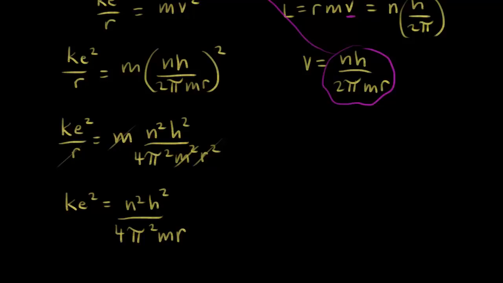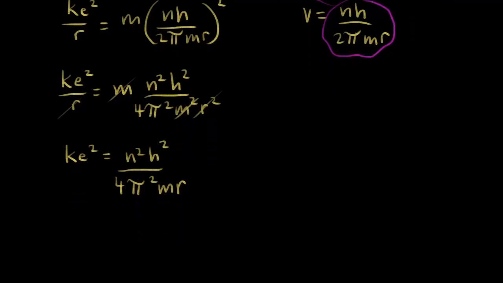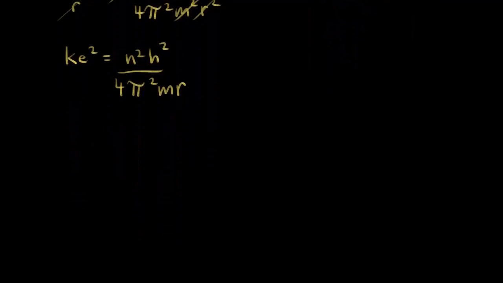The goal of all this is to solve for the radius of that circle. To solve for r, we could start by multiplying both sides by 4 pi squared m r. So we would get k e squared 4 pi squared m r on the left side. On the right side, we would get n squared h squared.